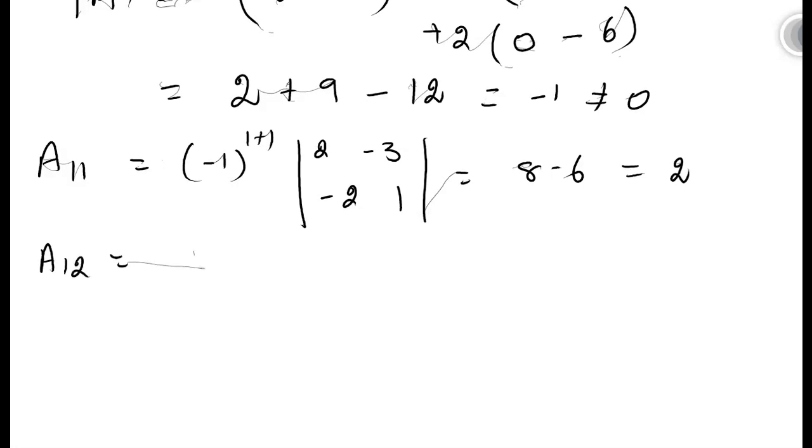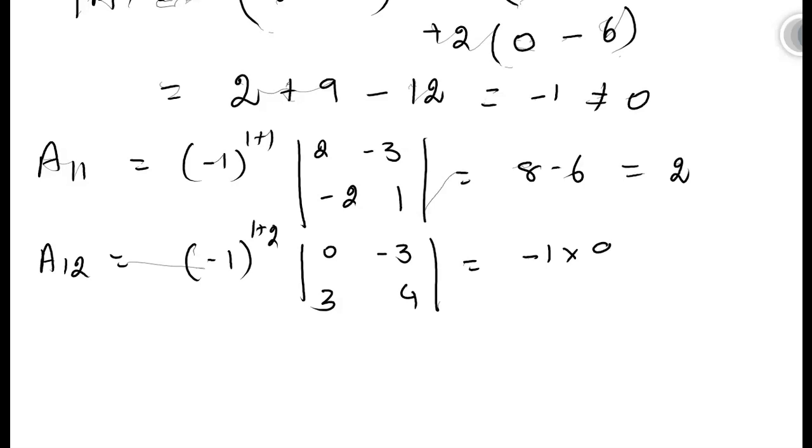A12 is equal to minus 1 to the power of 1 plus 2. That will give you first row and the second column, leaving which we get 0, minus 3, 3, 4, which is nothing but minus 1 into 9, which is equal to minus 9.